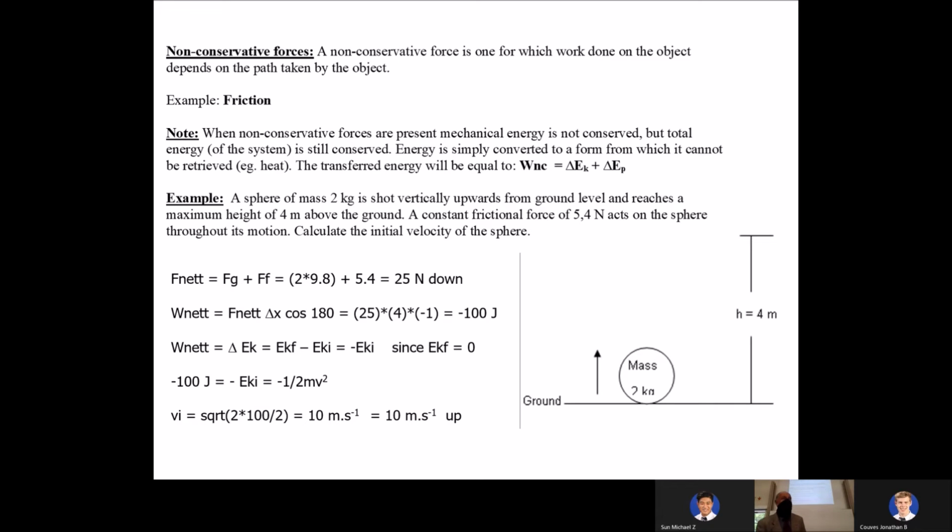Well, you're trying to work out the initial velocity. There isn't a force by it. We're only considering it has been shot. So it's already moving. We're not considering the forces shooting it.